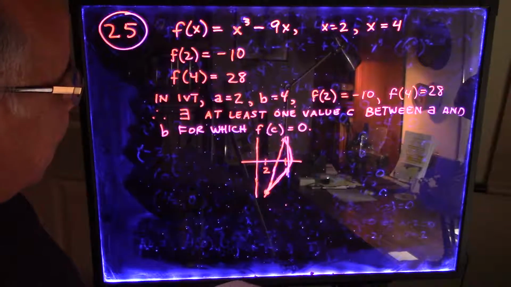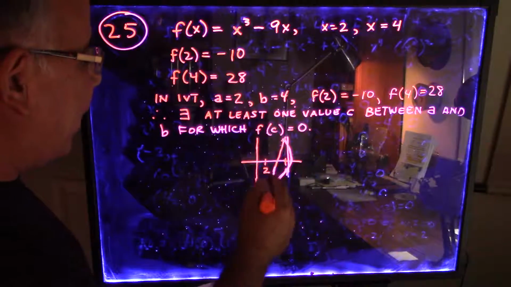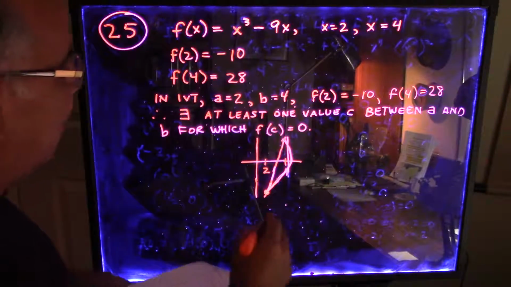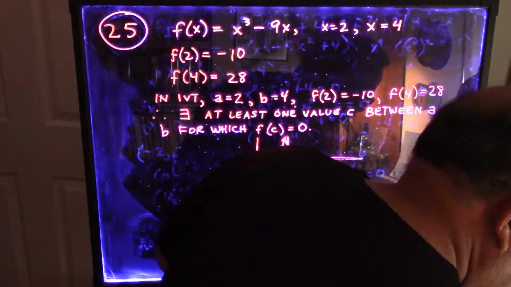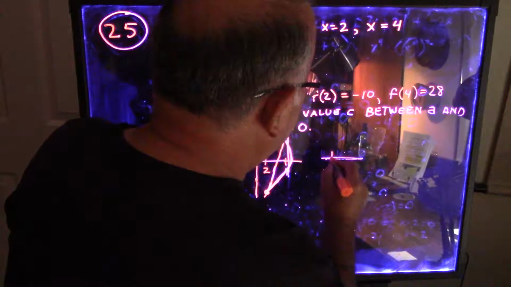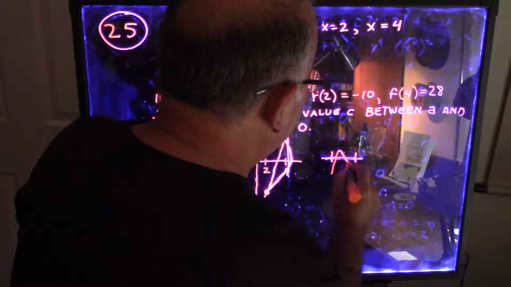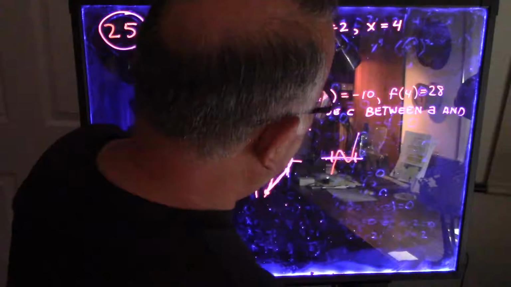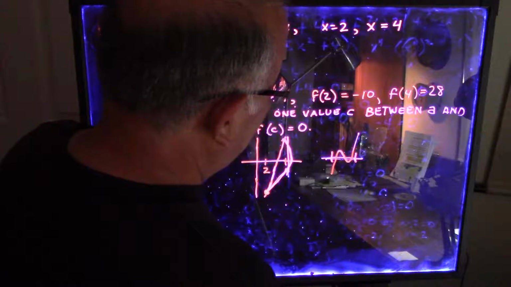Now, again, we don't know exactly where it is, and we don't know exactly how many times it crosses over. It could do something like this. It could go like that, maybe. We don't know exactly what'll happen.